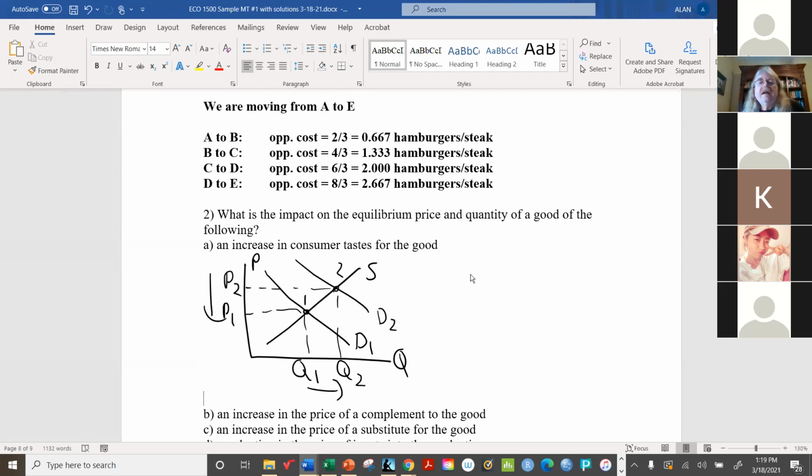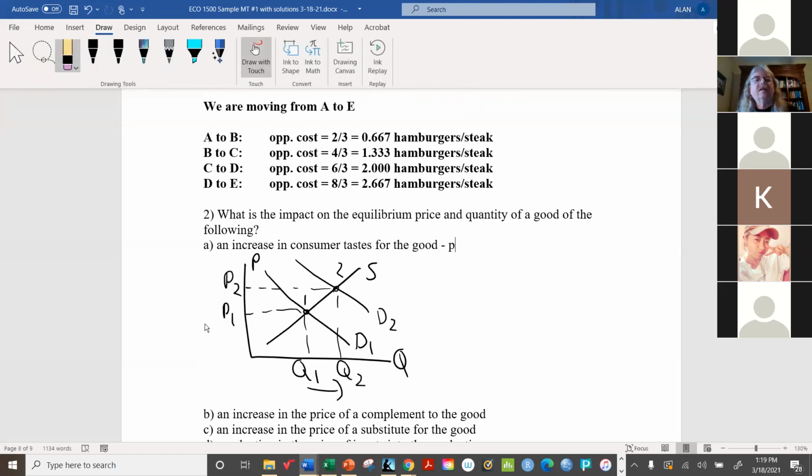So you can see that price rises. No, I just drew it wrong, sorry. Let me get that arrow back. Everything's right except this arrow. Okay, here we go. That's better. So the demand curve shifted to the right because people want more of this good.